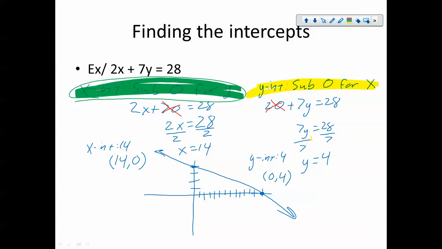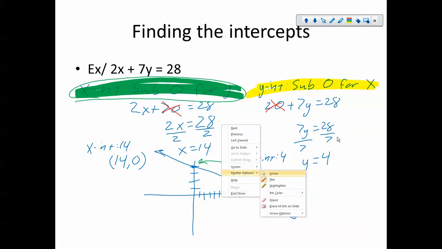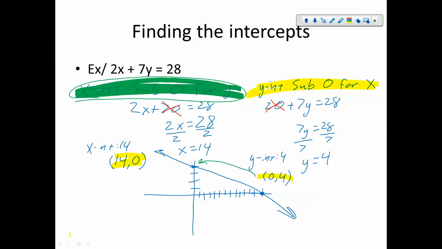Then we're just solving the equation that we've already done. To graph it, we simply take our point and plot it, then take our other point and plot it, and then connect the two with a line.